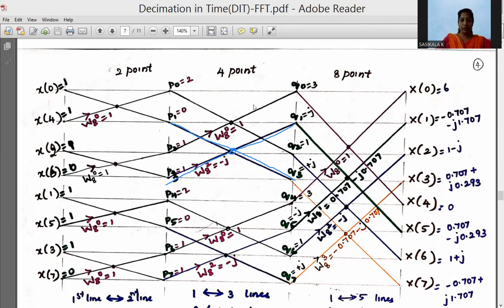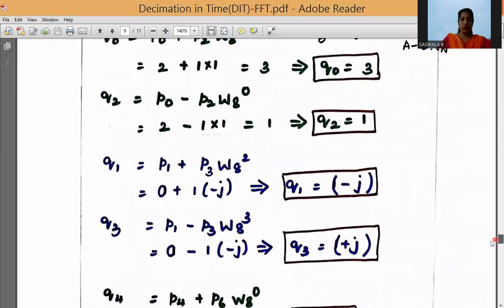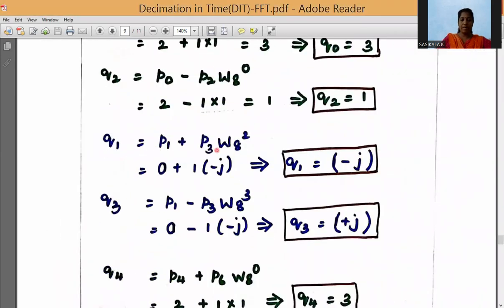Just go to the calculation. So Q1 equal to P1 plus P3 into W8 power 2 and Q3 equal to P1 minus P3 into W8 power 2.